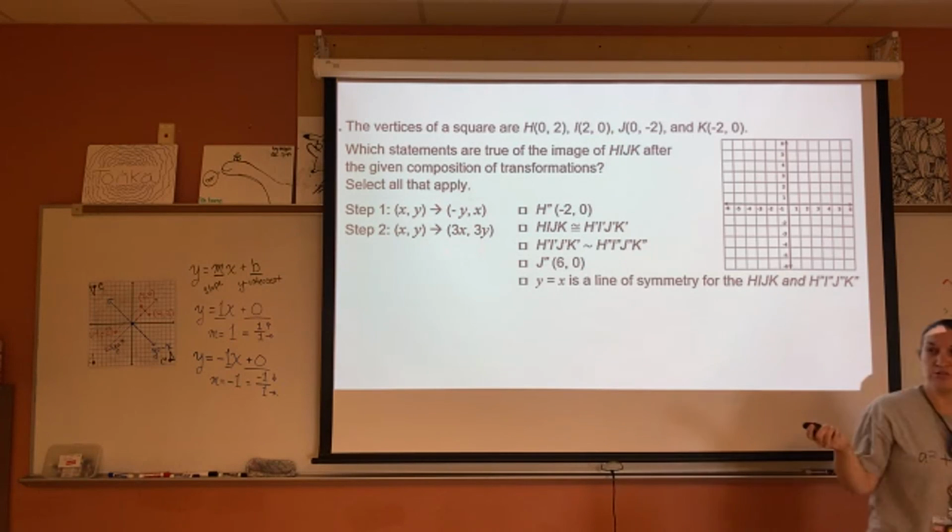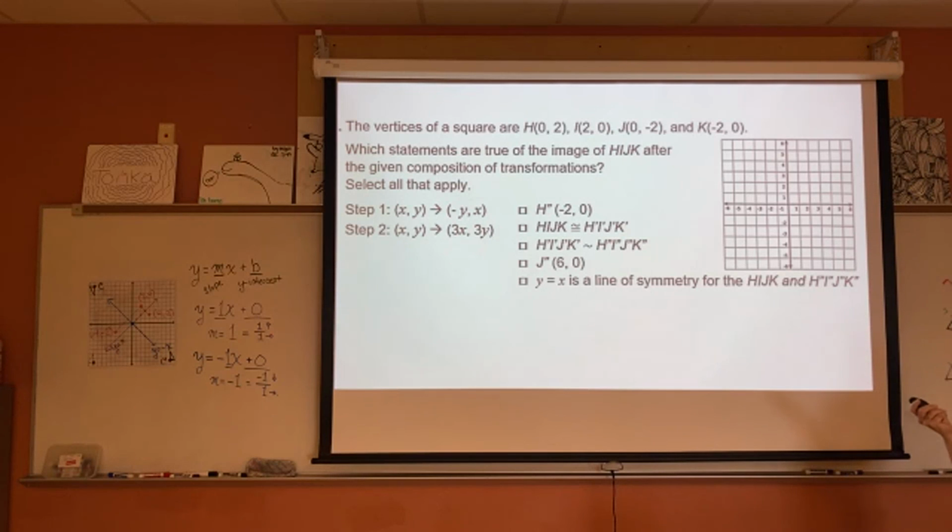Our first option that we're determining if this is true or not is H double prime is -2, 0. Well, we can look at point H and perform those operations of the rule.